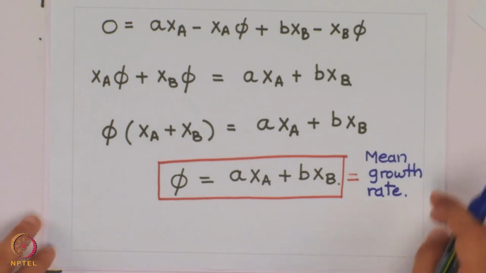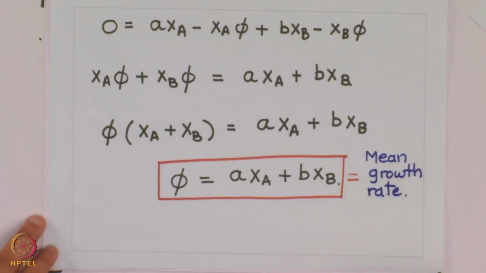What this means is that this is the mean growth rate of the culture when I have my population as xa fraction belonging to type A and xb fraction belonging to type B.